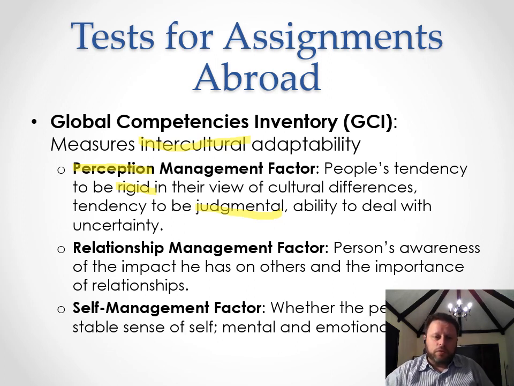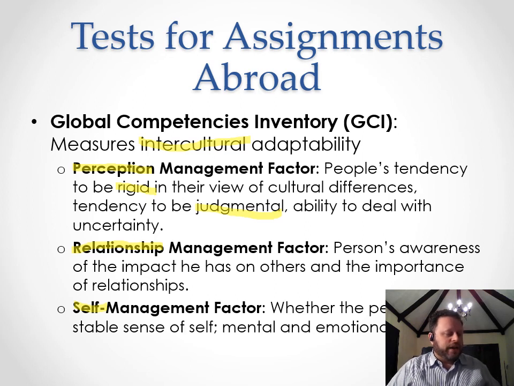Second is managing your relationships. What is the impact you have on other people, and the importance of relationships? In China, as you know, relationships are really critical, so how do people manage that? And finally, how do you manage yourself? Do you have a stable sense of self? Are you emotionally balanced, or do things make you very upset easily, or very happy easily?